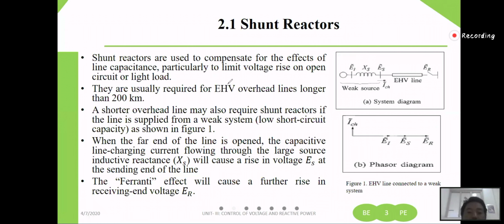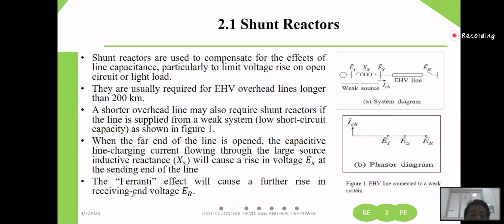In shunt reactors, you have to be very careful from here, because there will be differences between shunt reactors and shunt capacitors. First we'll see shunt reactors. A shunt reactor compensates the effects of line capacitance. You have heard of this, though perhaps not as a shunt reactor.